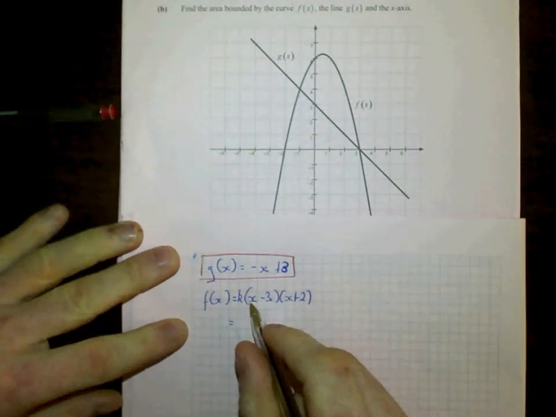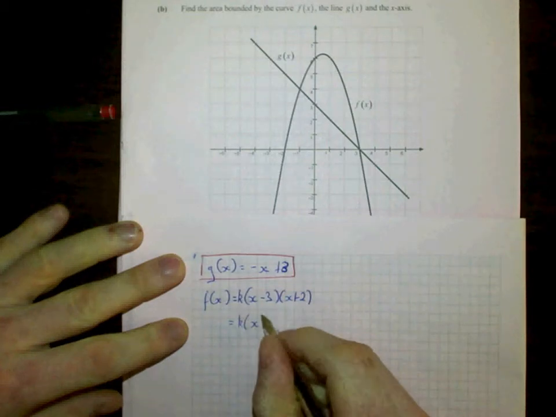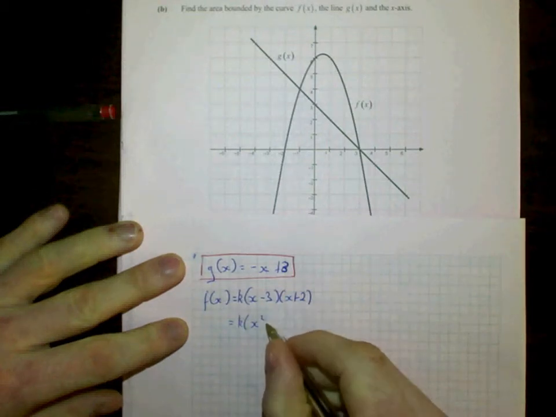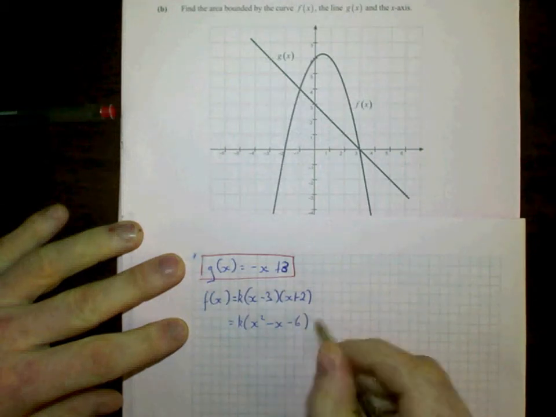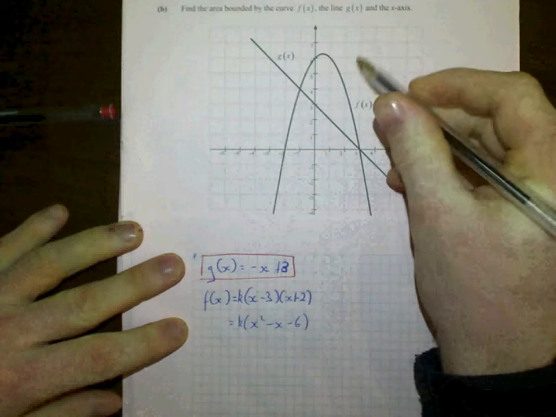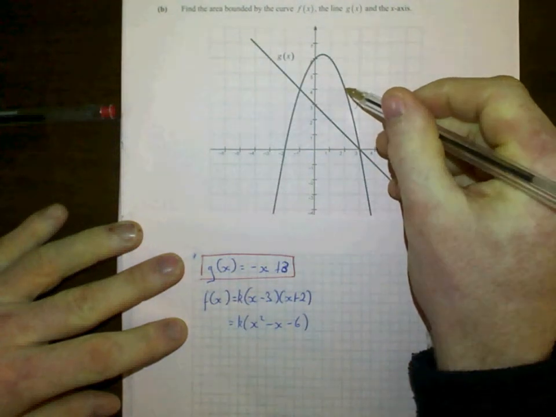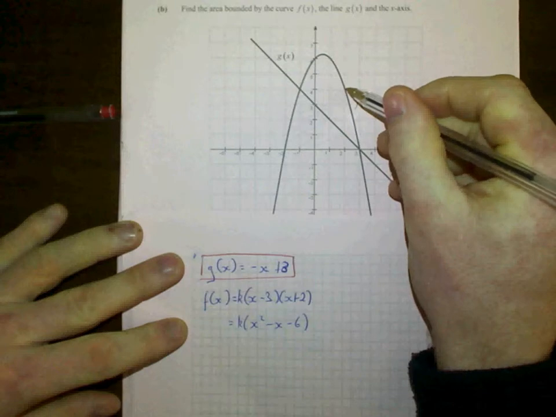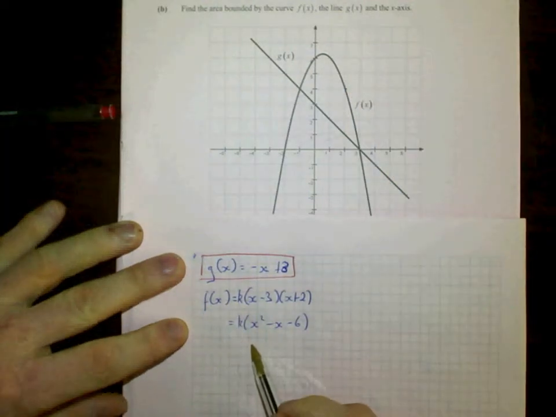So I'll test it. I'll leave the k outside on x squared. When I split the brackets, I'll get minus x, and I'll get minus 6. Okay, so I'll pick a point. The point here I'm going to pick is 2, 4, because that's on it. So when I put in 2 for x, would I get 4 for y?